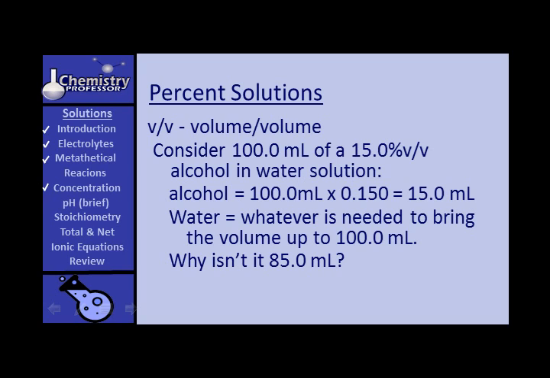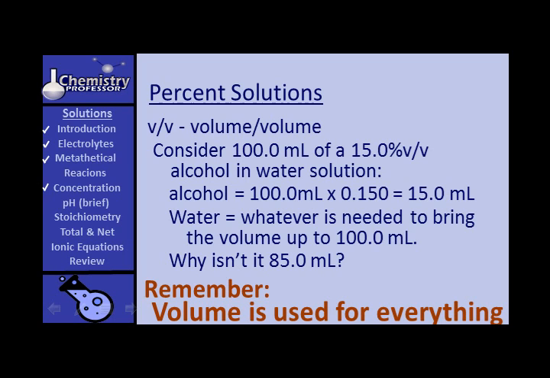So what we do is we take 15 milliliters of the alcohol and we add enough water to bring the level up to 100 milliliters, so that we have 15 milliliters of alcohol in every 100 milliliters of the solution. And remember, volume is used for everything.